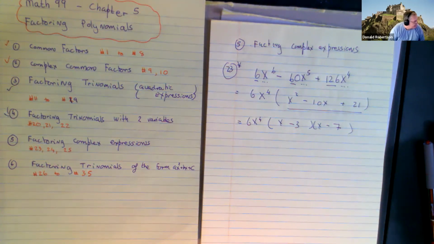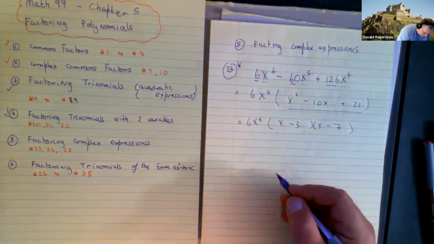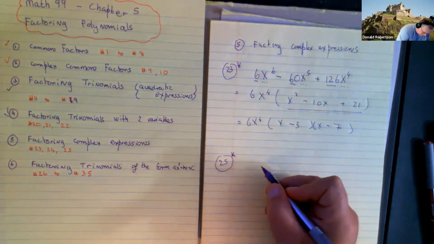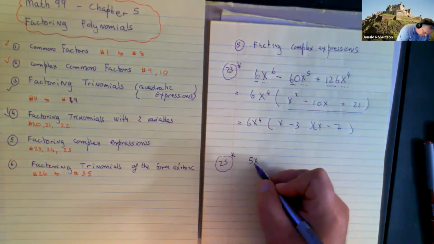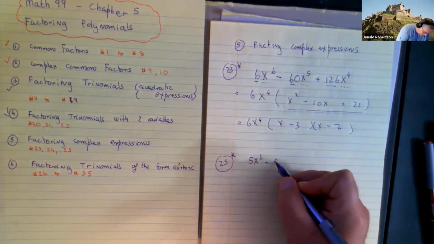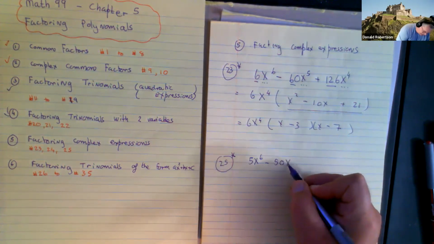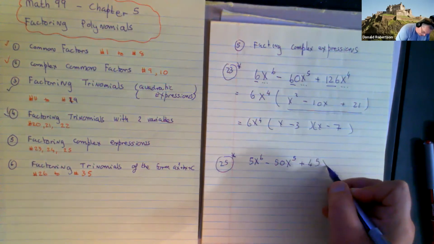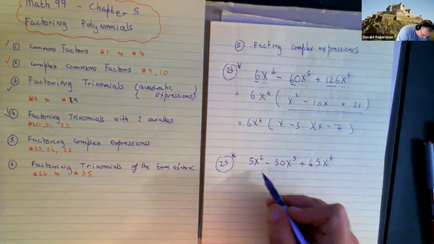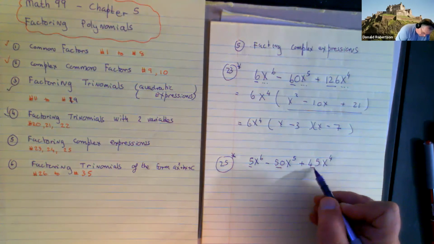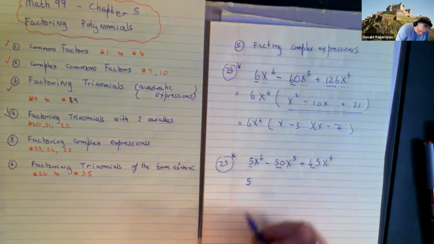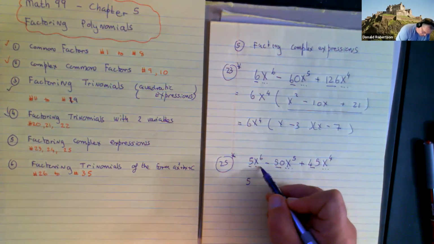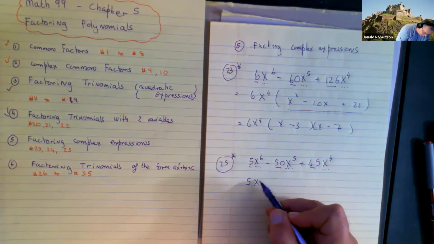Okay. So one more of these, let's say 25. We have 5x to the 6, take away 50x to the 5, plus 45x to the 4. I know that the common factor, as far as the numbers are, is going to be 5. And if you look at the powers of x, the smaller of the choices is x to the 4.